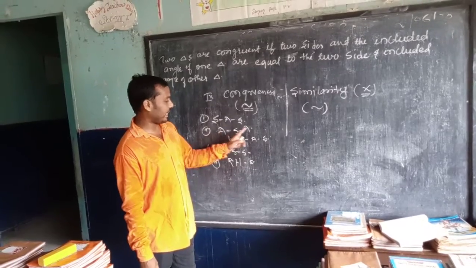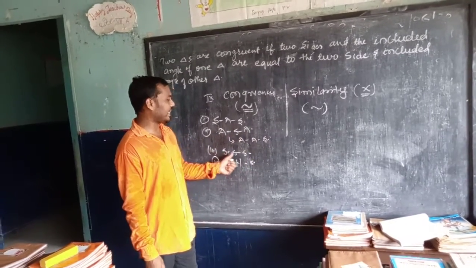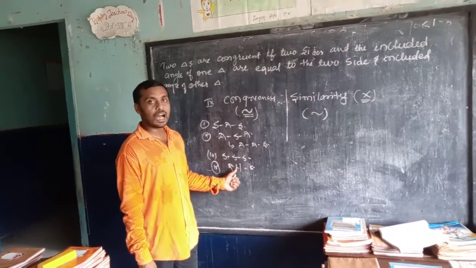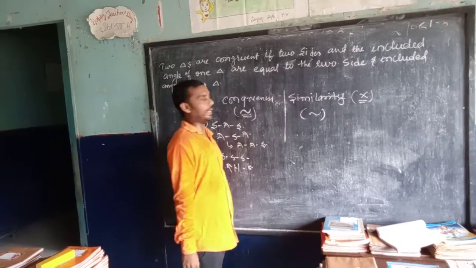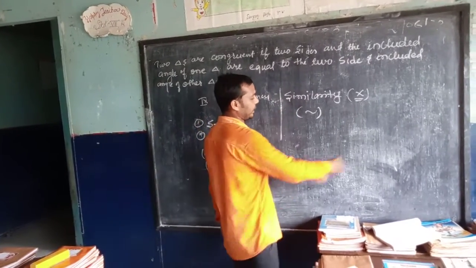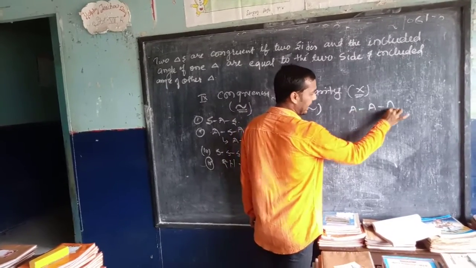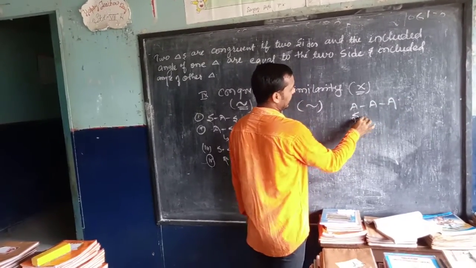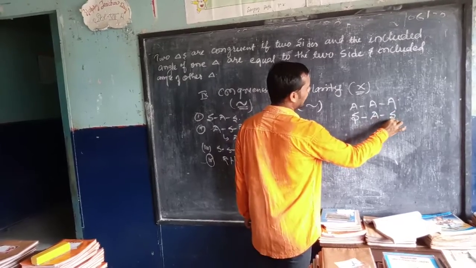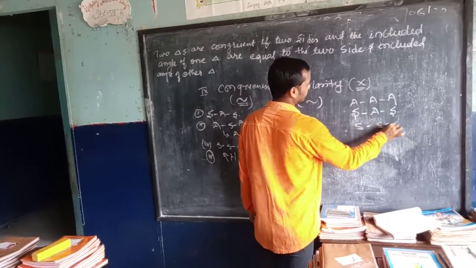Similarly, angle, side, angle, and right angle, hypotenuse, side. Okay, and in similarity we will come to know about AAA, angle, and similarly SAS and SSS.